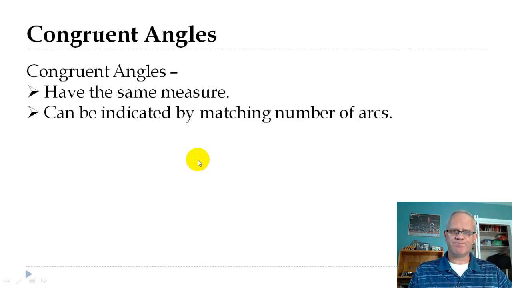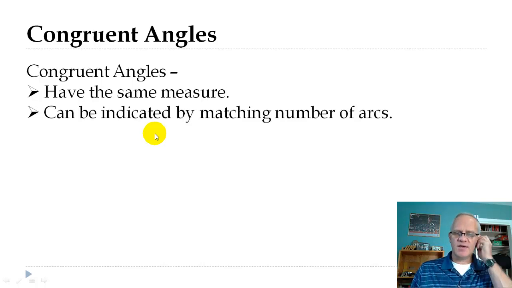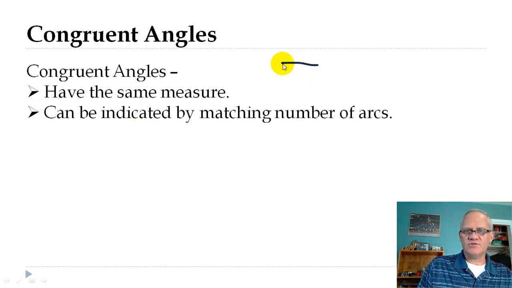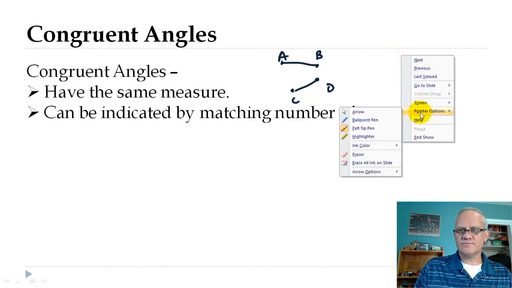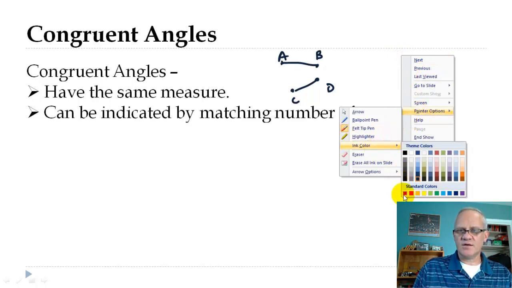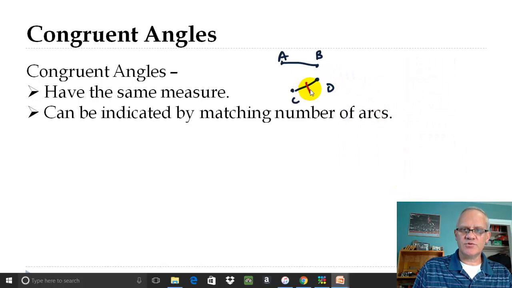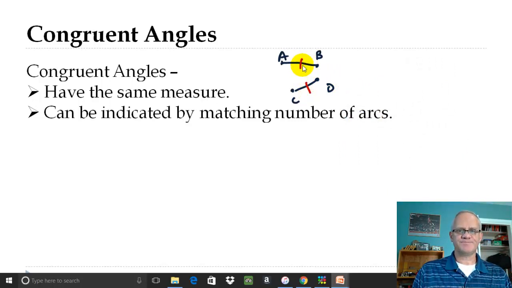And so how we can indicate that on a drawing, you remember when we indicated, if I have this segment, and I called that AB, and CD, and if I wanted to indicate that those are congruent, I could put this little line through there, and that means that they're congruent, right?